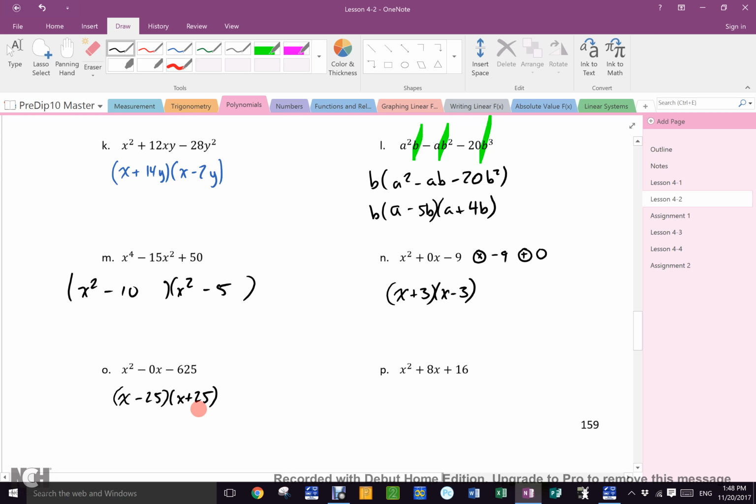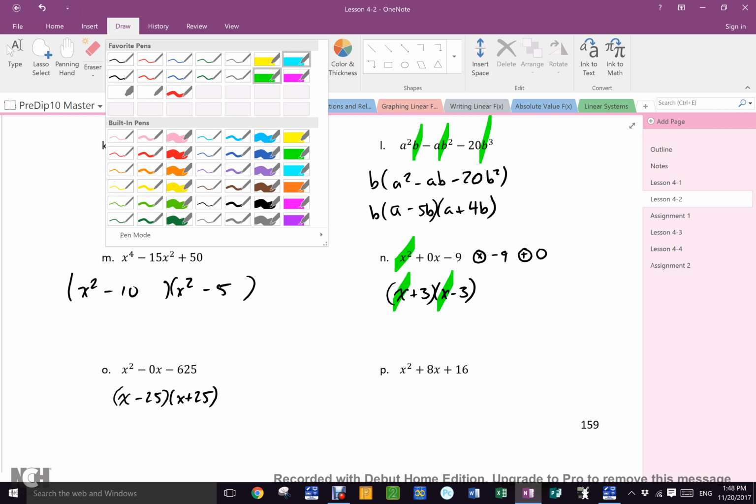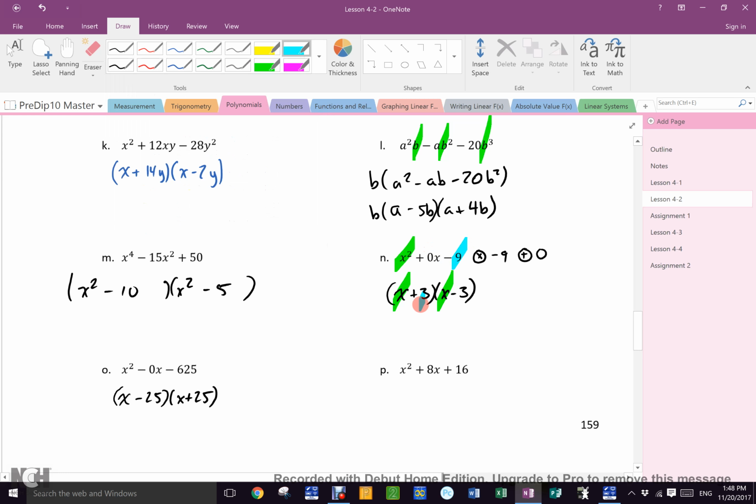Now, all of you should have noticed something about those terms. They're all perfect squares.